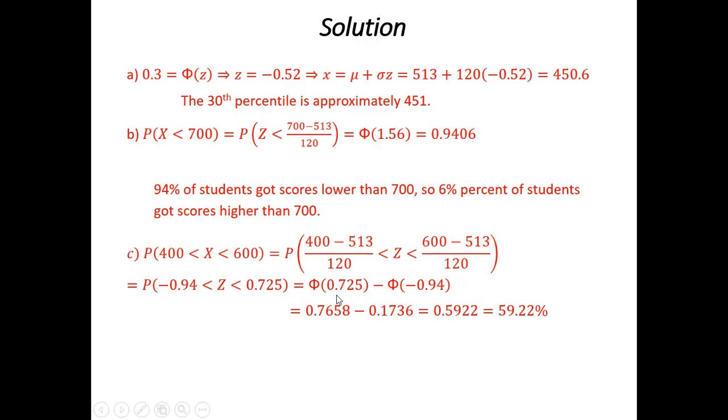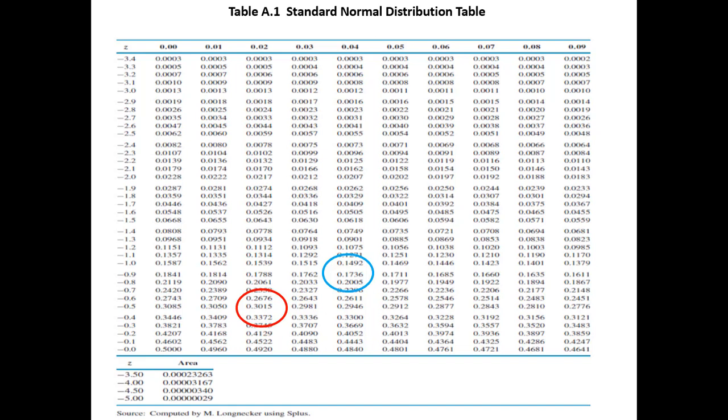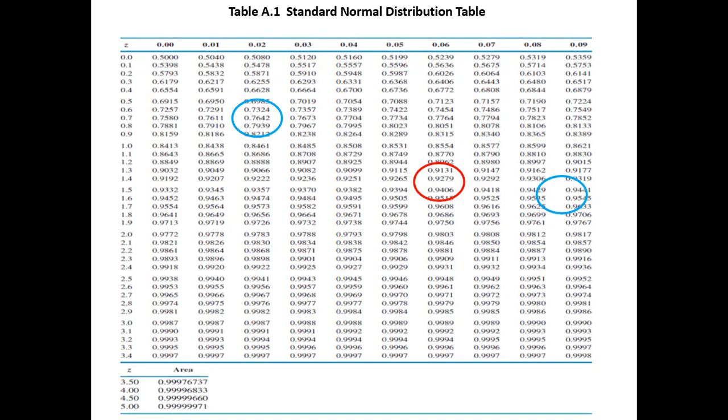So we'll look up 0.725 first. We go to the table. Now I want the table with positive z values. Let's see. So over here I'm seeing 0.72.